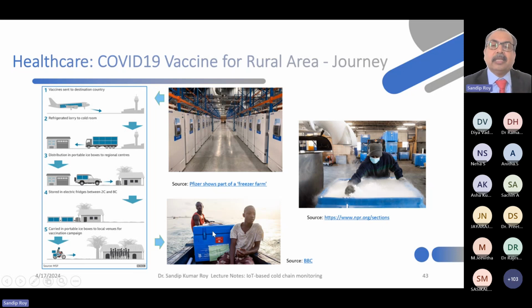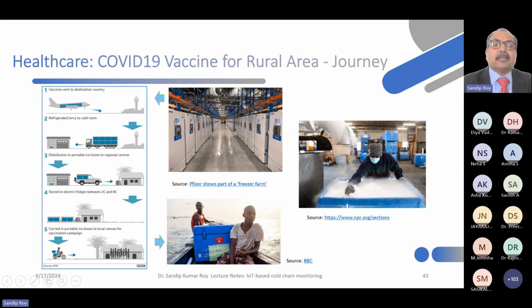What they did is use what we call dry ice. We all know dry ice packs inside this, and they monitored it continuously using IoT, so they know that this pack may remain effectively at 8 degrees centigrade for, let's say, 3 hours. So they plan it in such a way that it should be delivered within those 3 hours.